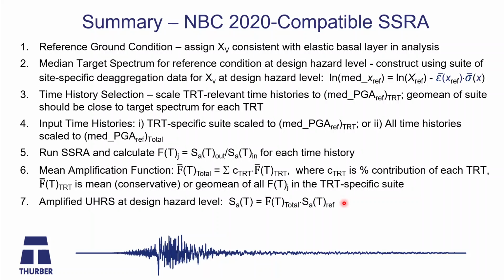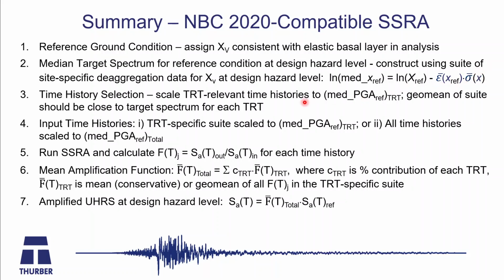And we're going to construct that median target spectrum using a full suite of site-specific deaggregation data, which correspond to whatever designation you're using for your reference ground condition. And then we get that median value using this equation that I've shown and using the epsilon values that we get from the deaggregation values and the sigma values associated with the GMMs.